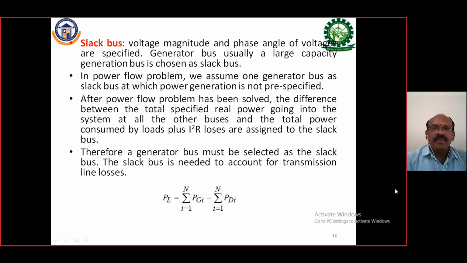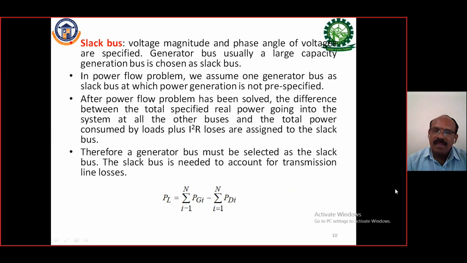In the power flow problem, we assume one generator bus as the slack bus at which power generation is not pre-specified. After the power flow problem has been solved, the difference between the total specified real power going into the system at all the other buses and the total power consumed by loads plus I square R loss is assigned to the slack bus.